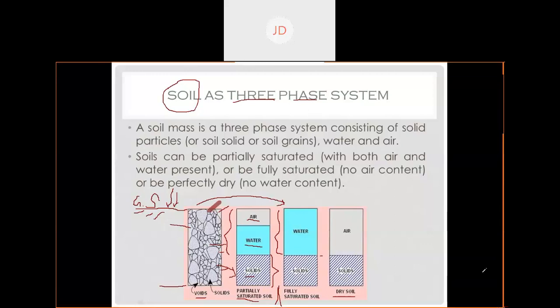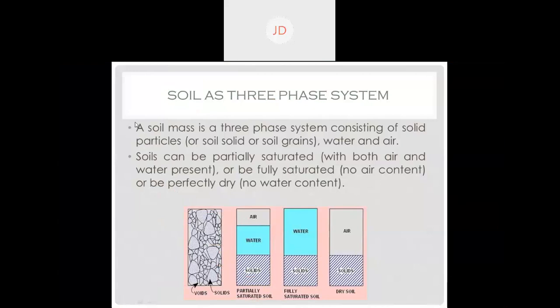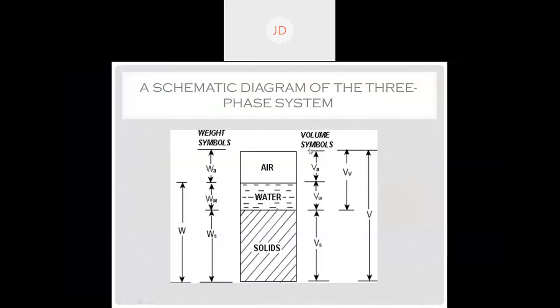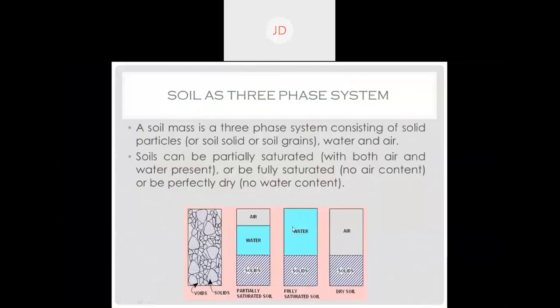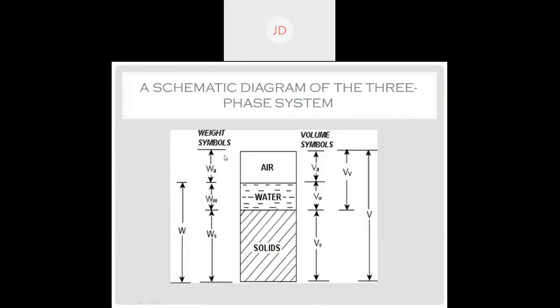So let's move further. Now see the same diagram that we have already discussed, the phase diagram. I have already discussed this representation of the phase diagram of soil. The same thing we'll discuss now in detail. This diagram represents the schematic diagram of the three-phase system of soil.